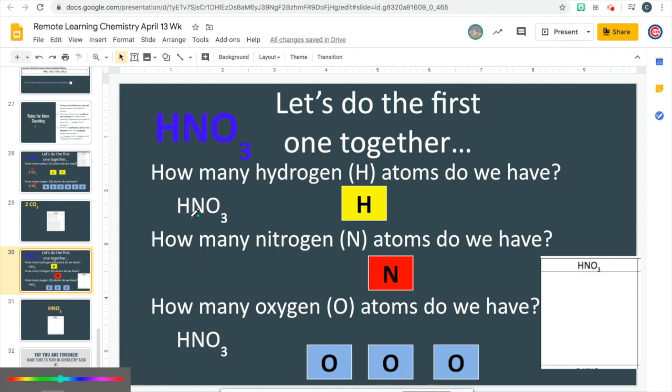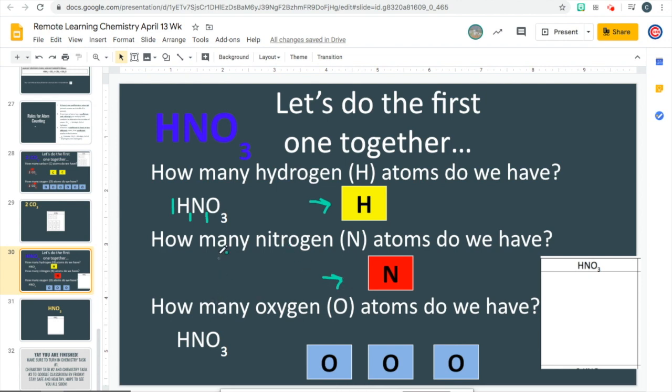Since there is no subscript or no coefficient, I'm just gonna put an invisible 1. This is a 1 right here. This is a 1 right here, okay? So 1 times 1 is 1, right? That's why we have only 1 hydrogen. Now to figure out the nitrogen, we have 1 times 1 is also 1, right? So we have only 1 nitrogen.